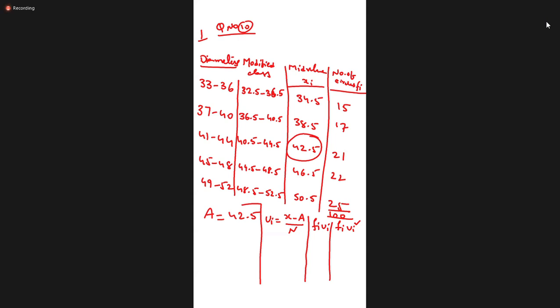So this ui is coming as 0 minus 0.08. What is ui? Minus 0.08.